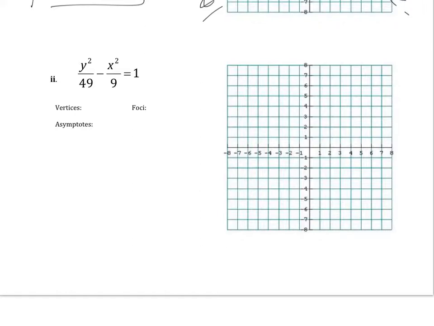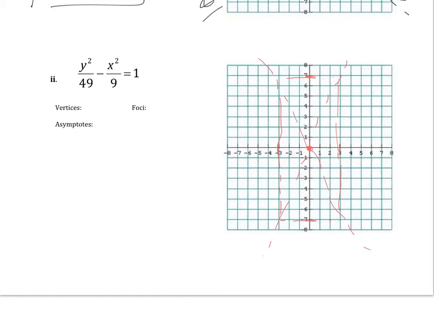We can see that our rectangle is going to go from our center at the origin up 7 and down 7, right? That 49 gives us the 7, and across left and right 3. So we have this rectangle here, and we draw the diagonals for the asymptotes.